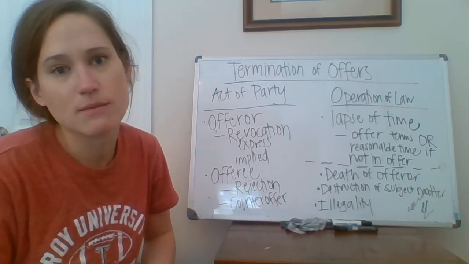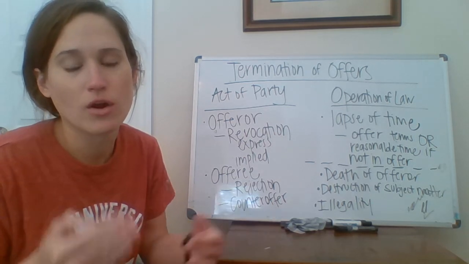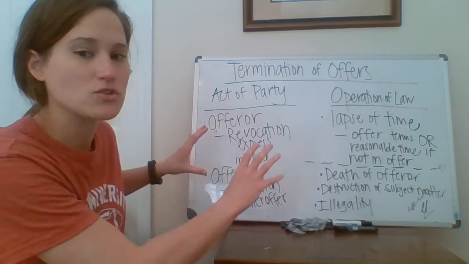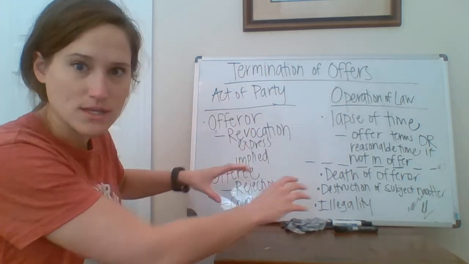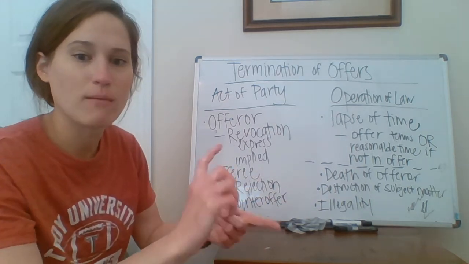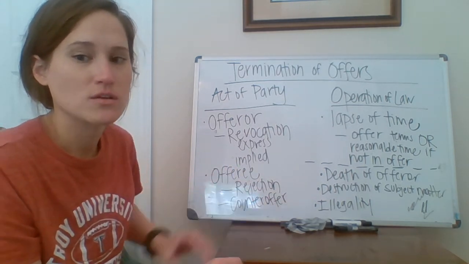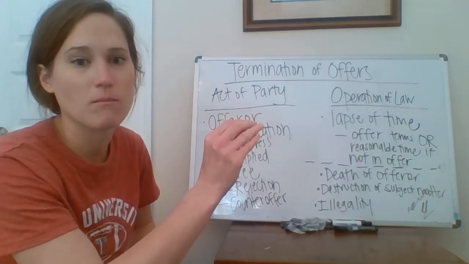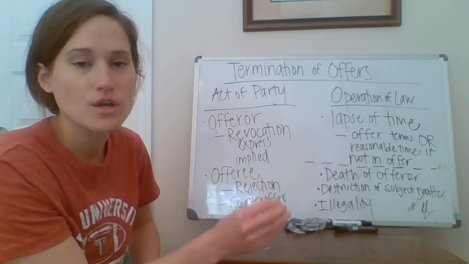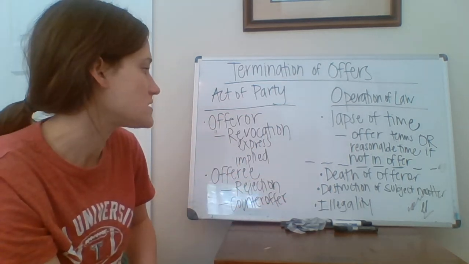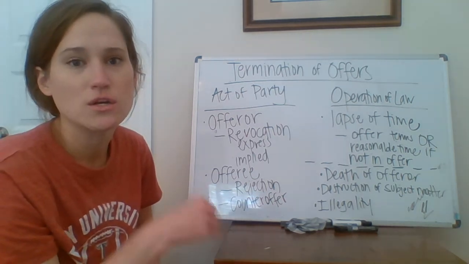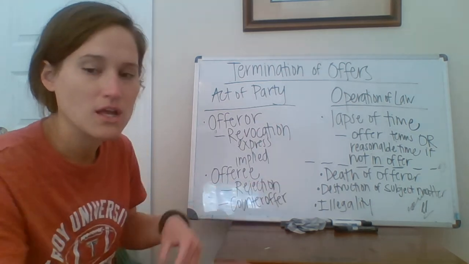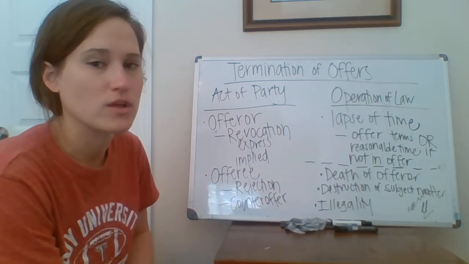And we can walk through some examples of that in one of our face-to-face discussions, where I can use the whiteboard and we can write out a whole example, and look at how that mailbox rule interacts with offers and acceptances, and possible attempts to revoke offers. It's very important to understand the difference between mailing an acceptance versus mailing a revocation, and know how to apply that rule if you're given a little scenario.